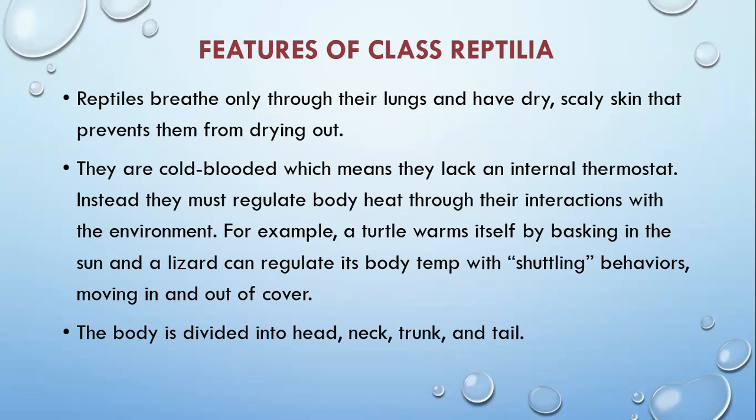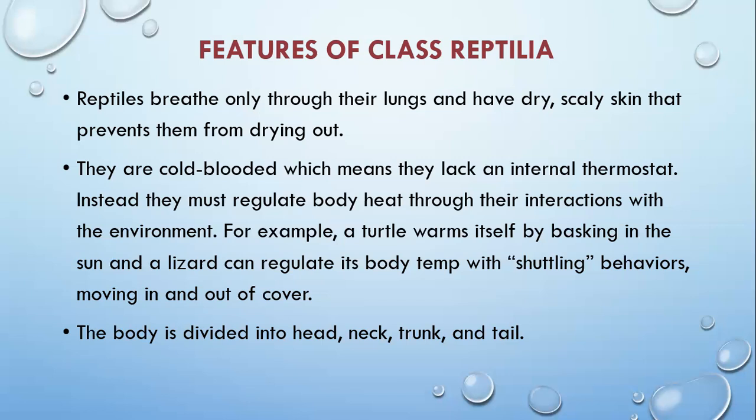during various temperature conditions. Another feature is that all of these reptiles are cold blooded, which means that they lack any internal thermostat. Instead, they must regulate body heat through their interactions with the environment. For example, a turtle warms itself by basking in the sun.